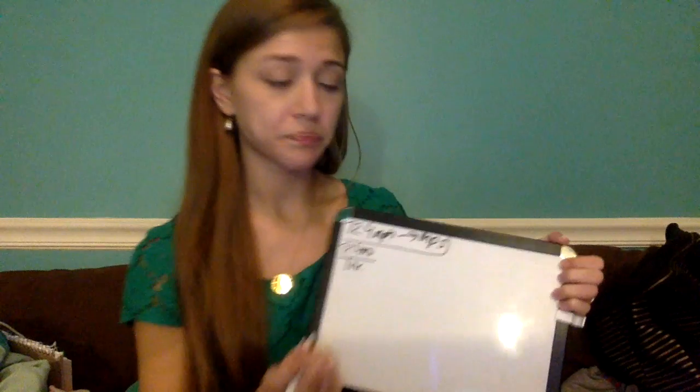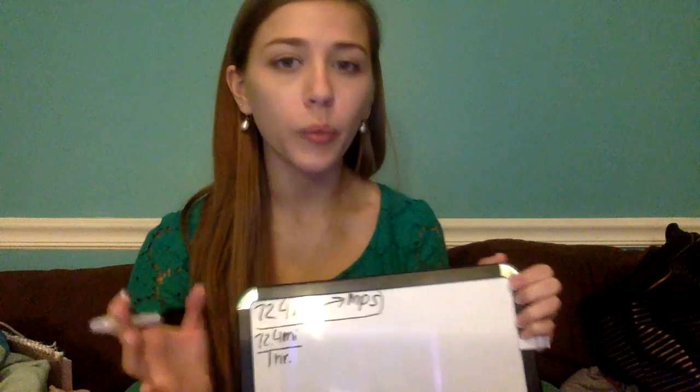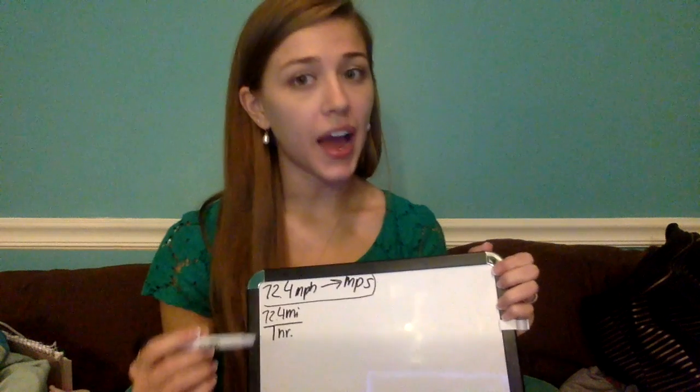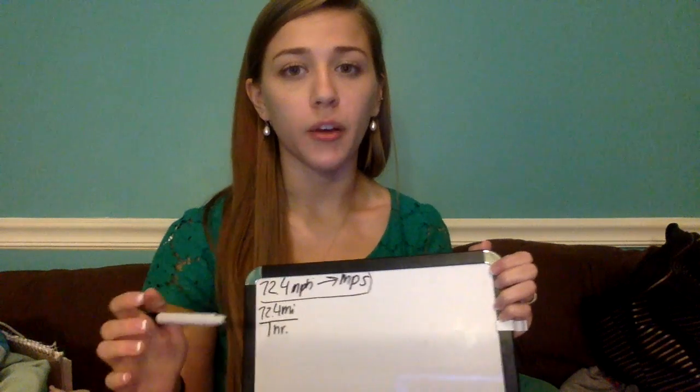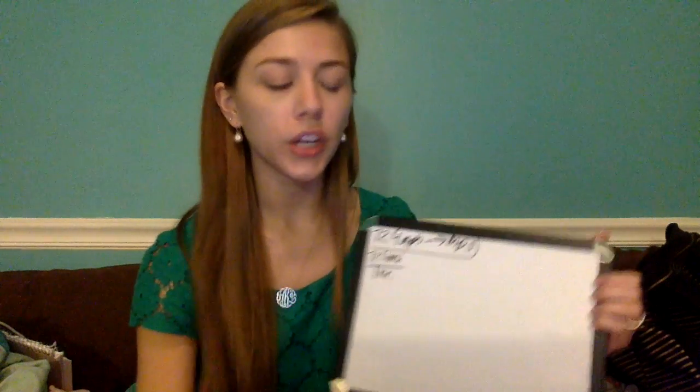1 hour. So now what we want to do is figure out how we can get from miles per hour to meters per second. So we have to think of things that we are just supposed to know, the basic conversions that we're all supposed to know and memorize. For instance, we know that to get from miles to meters, we're going to have to go down.